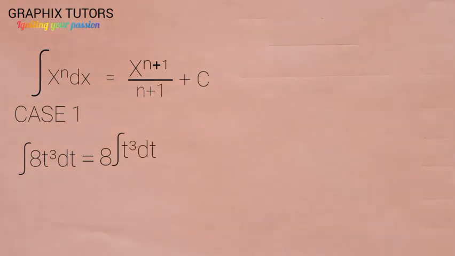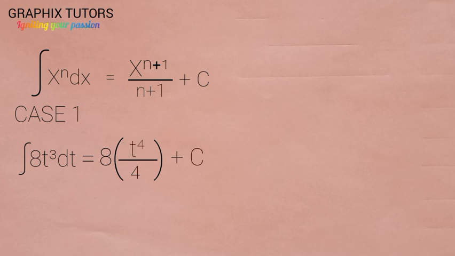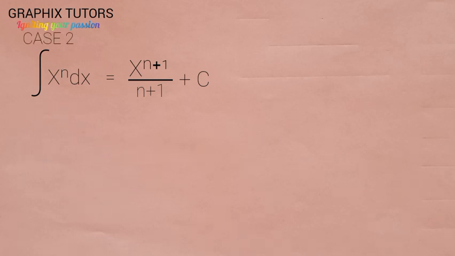Now if I want to integrate, I will add 1 to the power of t, which is 3 plus 1, all over the power, which is 3 plus 1, which will give us 4. So we're having 8 into bracket t to the power of 4 all over 4 plus c. Now 4 can go in 8 twice, so we're left with 2t to the power of 4 plus c. That is in terms of case 1.